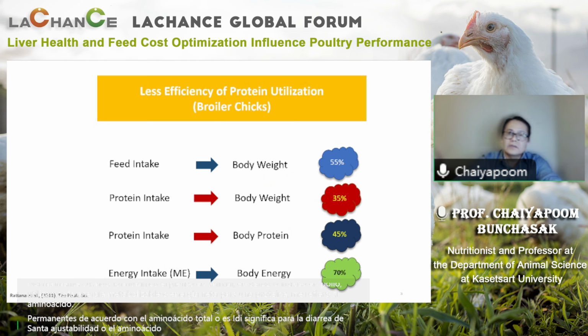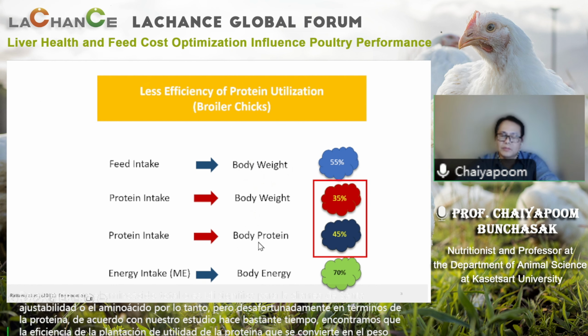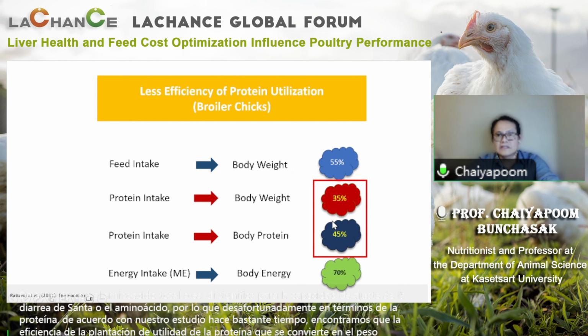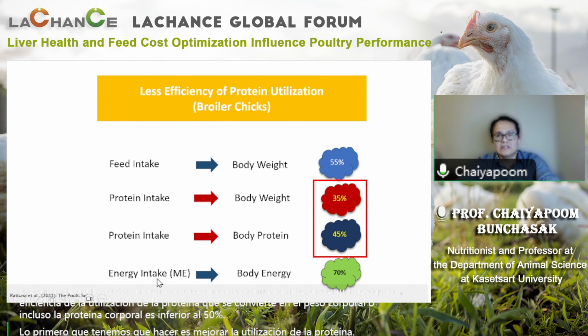But unfortunately, in terms of protein, according to our study quite a long time ago, we found that the efficiency of protein utilization, converting to body weight or even body protein, is less than 50%. So the first thing we have to do is improve the protein utilization. Secondly, we have to improve the energy utilization too.